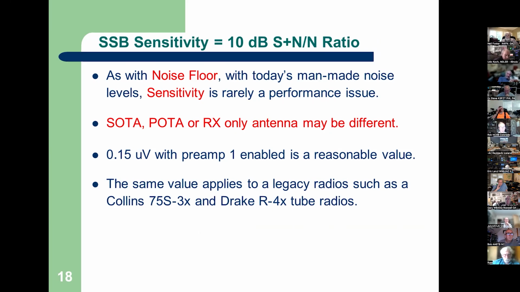It had an RF stage, and it was on all the time. So about 0.15 microvolts was fine. This is for CW. But then a modern radio with preamp 1 on would be about 0.15 microvolts. The same value applies to the legacy radios and current radios, which makes sense. I mean, you need enough sensitivity, but not more.